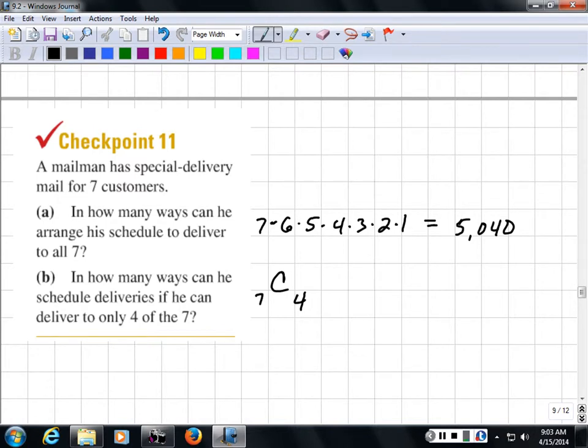Does it matter which 4 he delivers to? Does it matter in which order he delivers them? No, so it's a combination, 7C4. And what is 7C4? 35. Okay.